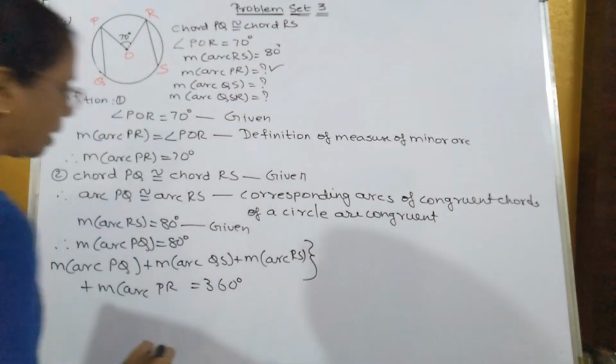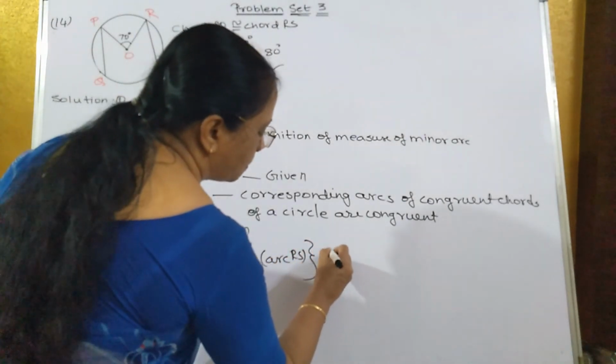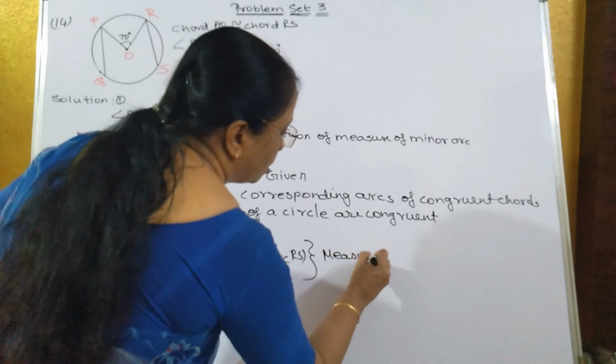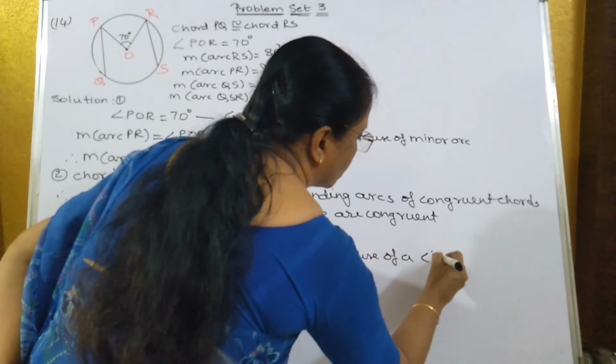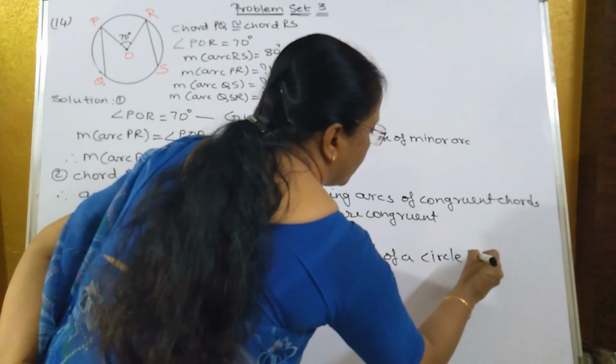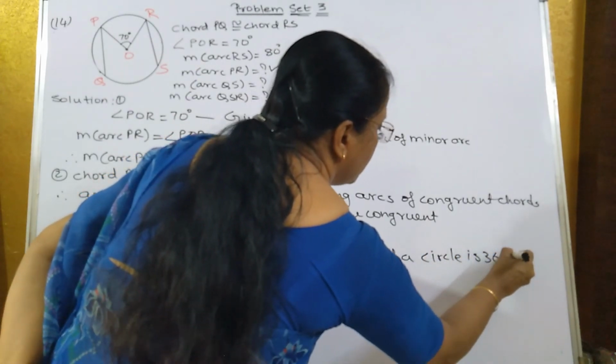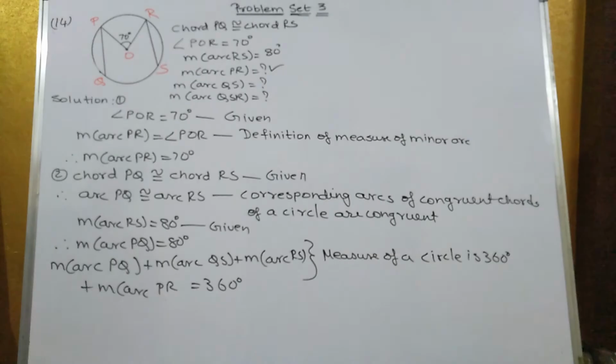Reason, what you'll write down: measure of a circle is 360 degree.